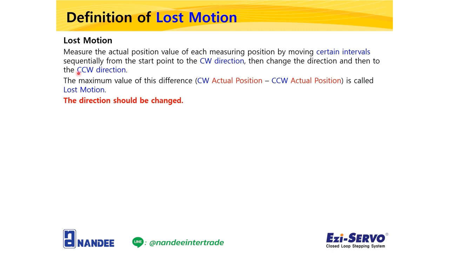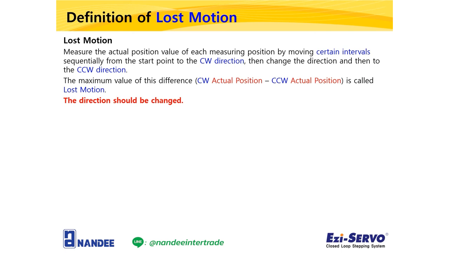Then, reverse the direction to counterclockwise and measure the actual position value in the same way, and then return to the reference point. The maximum difference between the actual position values of each positioning point, measured in both directions, is called lost motion. The important point here is that the direction must be changed to measure the lost motion.